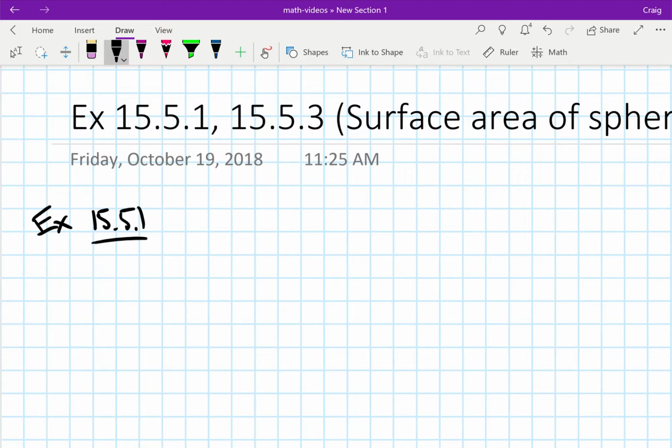Using the polar representation, we can write x as a function of phi and theta. Again, remember, phi is the polar angle and theta is the azimuthal angle. Phi is like the latitude, theta is like the longitude. So x is equal to the sine of the latitude times the cosine of the longitude.